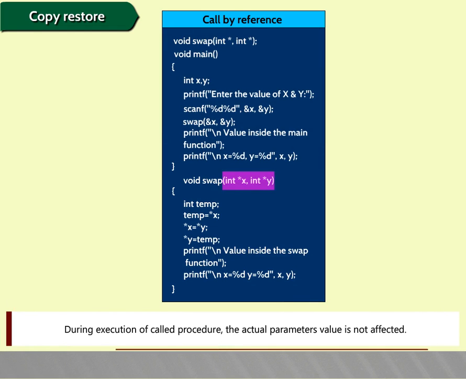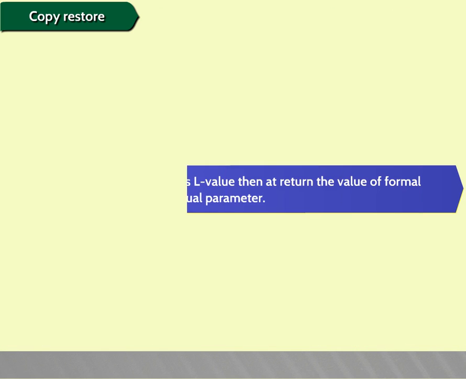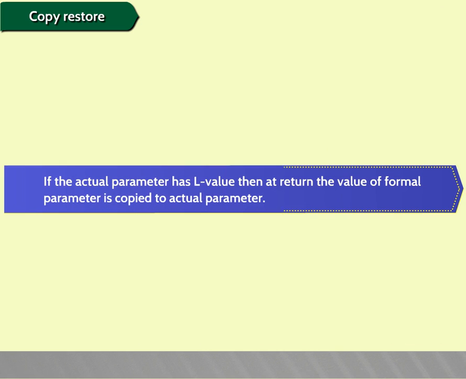During execution of called procedure, the actual parameter's value is not affected. If the actual parameter has L value, then at return, the value of formal parameter is copied to actual parameter.